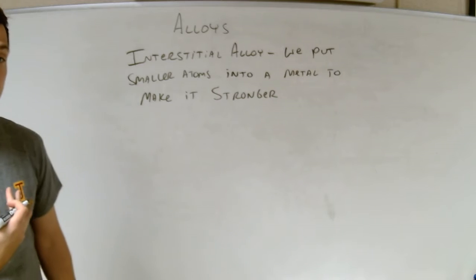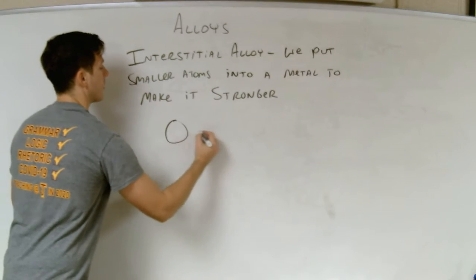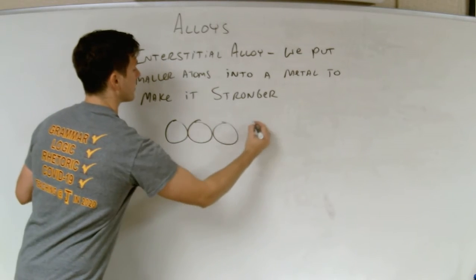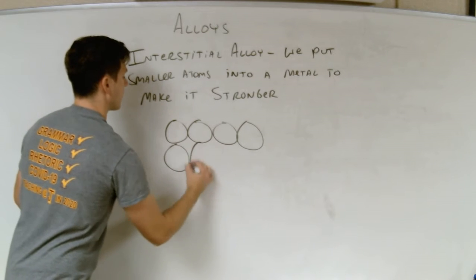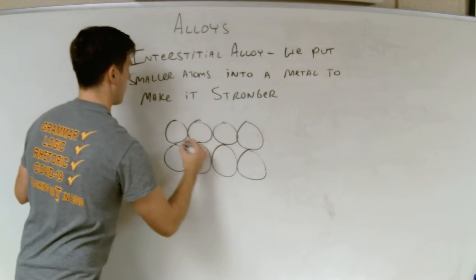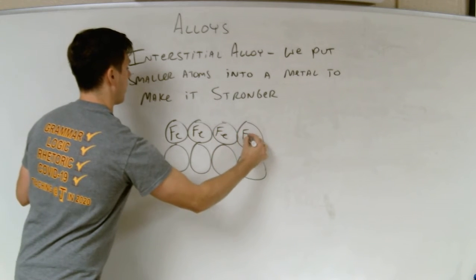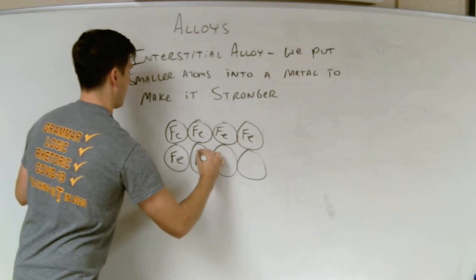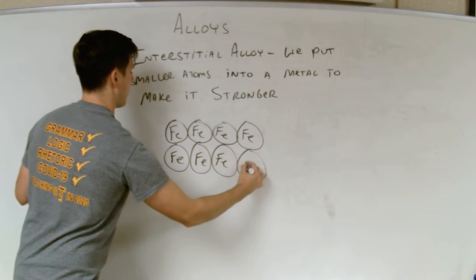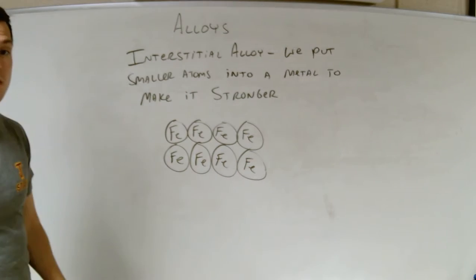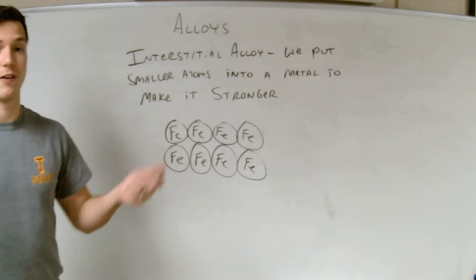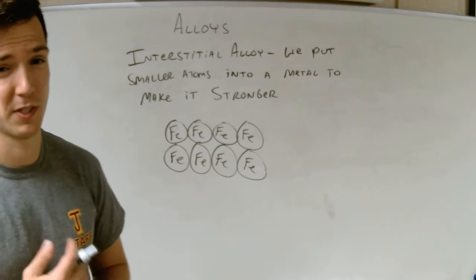And I'm going to draw a picture here. Don't write this down yet because I'm going to be changing some things. So here I just have a bunch of iron. Iron is actually really, really brittle.